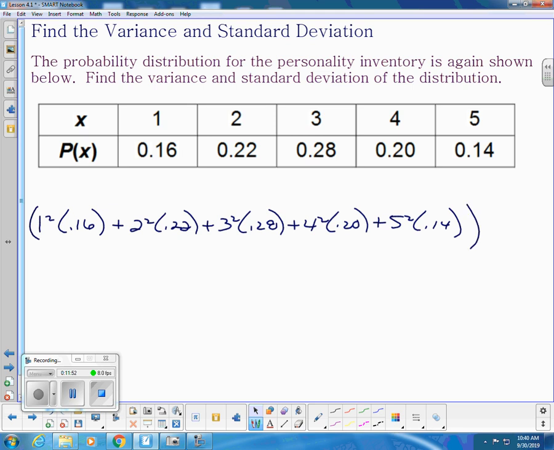We already had that from the other example, right? Minus 2.97? Okay. So use calculators. I mean, I personally would square things in my head. And remember, this is the variance.